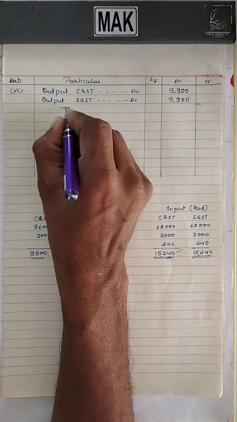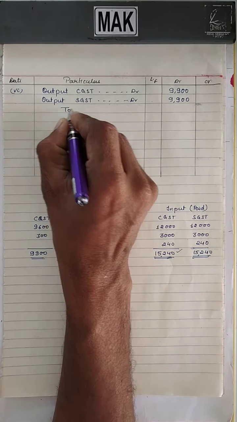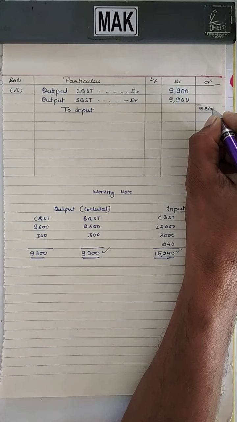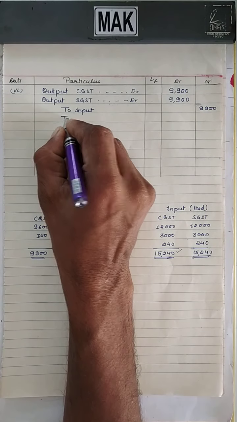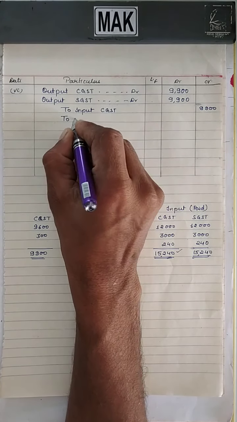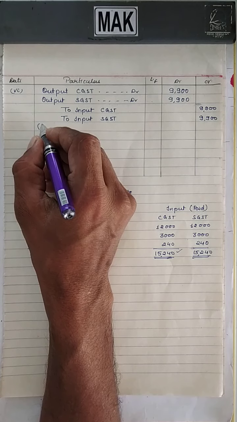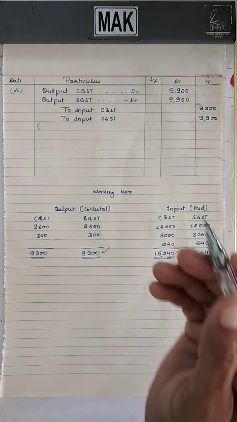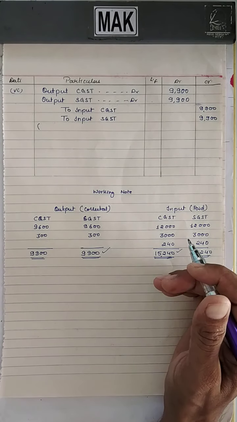So here you write input CGST and input SGST, 9,900 each, and at the end you can write input tax credit carried forward. That means we still have some paid tax with us.